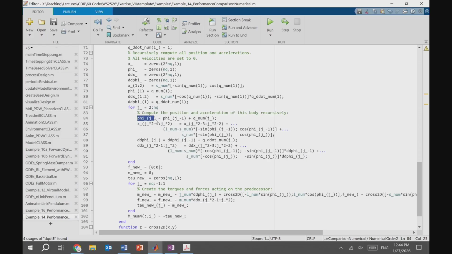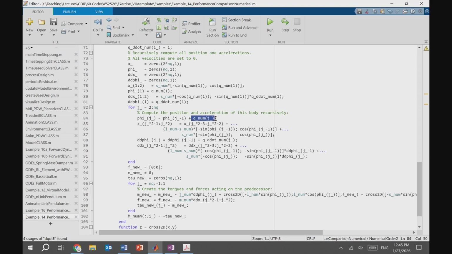And you see that I can compute orientations, positions, angular accelerations, linear accelerations in some recursive form, right? I always look at what's the orientation of the previous body, what's the position of the previous body, plus what's the orientation. And then somewhere there should be a joint in between. Here's the joint, right?